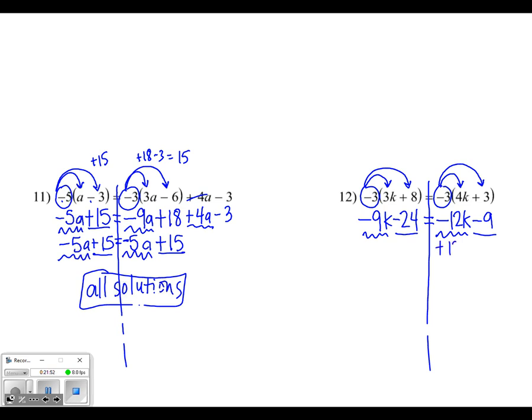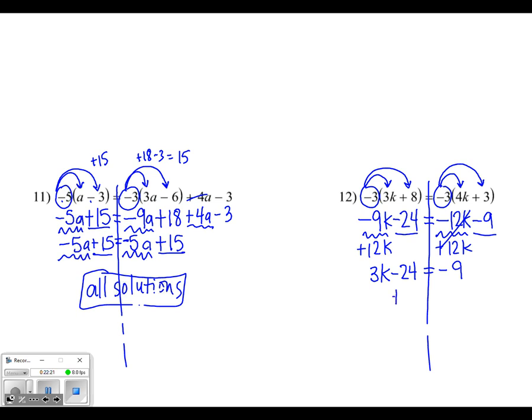I'm going to add 12k to both sides. Here, -9k and 12k, the signs are different. Find the difference. 12 minus 9 is 3. And keep the sign of the one that had more. I have more positives. 12 is more than 9. So I stay positive here. Minus 24 equals, over here my 12k's went away and I have -9.